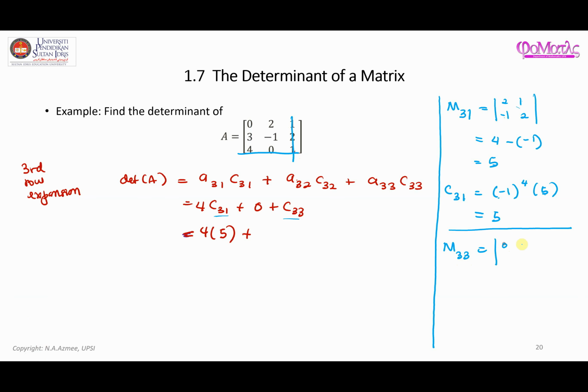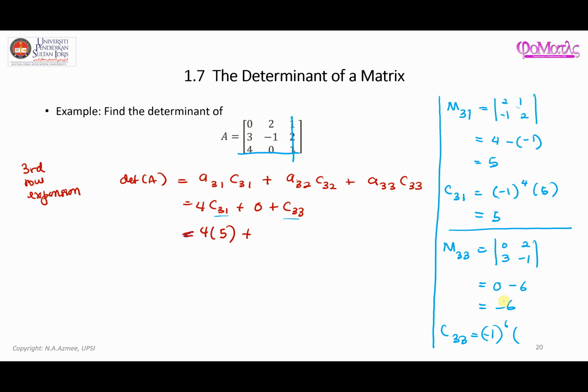So we have 0, 2, 3, negative 1. And the determinant of the matrix is just 0 minus 6, which is equal to negative 6. Now C33 is just negative 1 to the power of 3 plus 3, which is 6.